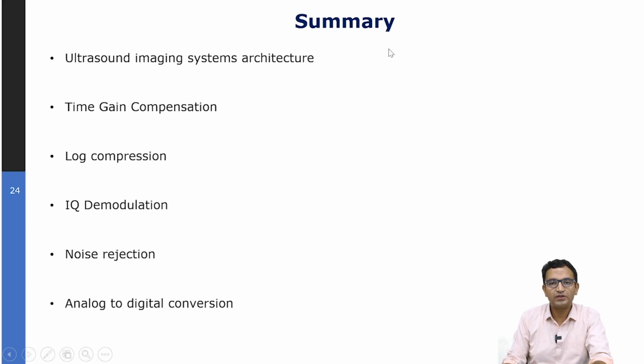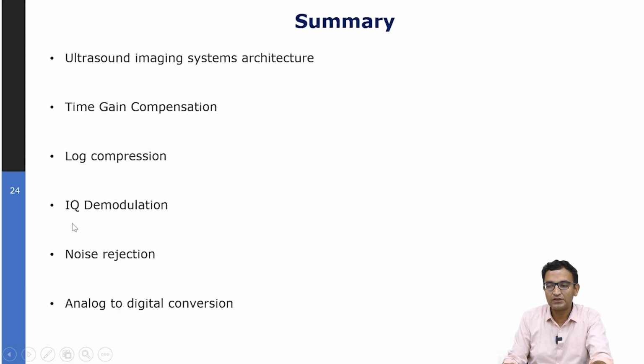So I would like to summarize this lecture on ultrasound imaging systems. We discussed a very basic architecture of the ultrasound system. We discussed the process of time gain compensation or depth gain compensation. There's also beam gain compensation, which is done along with time gain compensation. We discussed the use of logarithmic amplifiers for dynamic range compression, which helps us visualize weaker scatterers with more fidelity.